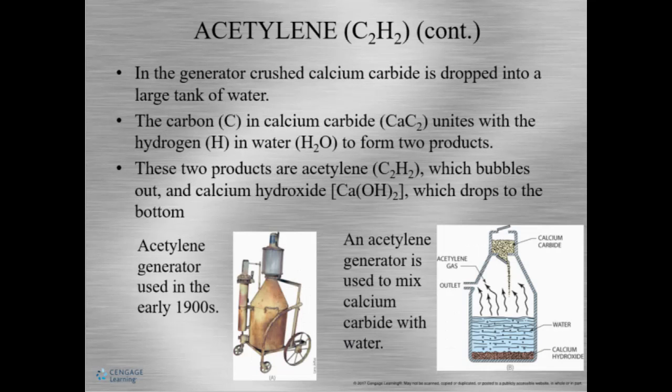So if we see here, once the calcium carbide is dropped into this large tank of water in the generator, it forms two products. The first product is acetylene, which bubbles out and they catch it. So here's our water, here's our calcium carbide, and they catch the acetylene gas, okay? And the calcium hydroxide drops to the bottom. Then we can scoop it out and start it all over again.